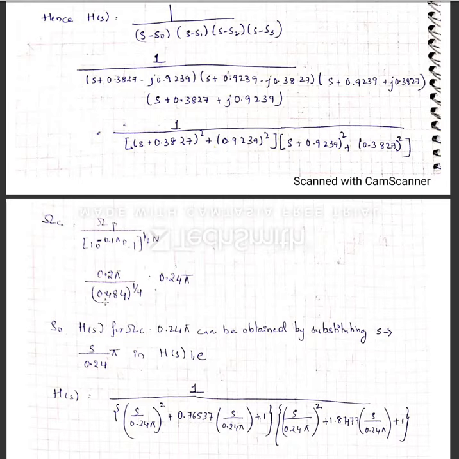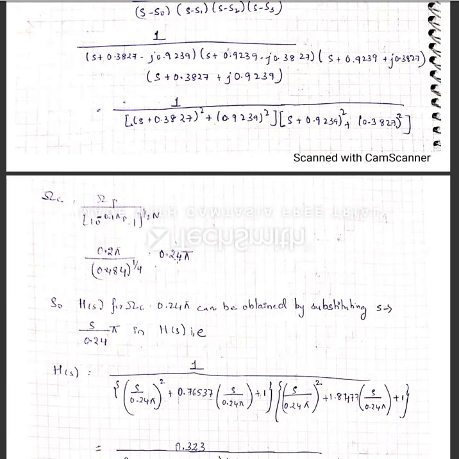I have already taken the square root of it. Don't think that only n is there. What happened to this 1 by 2? I have already solved it for (10 to the power minus 0.1 AP minus 1) whole to the power 1 by 2, and then 1 by n, that is 4. However you calculate, it should be this. So your cutoff frequency is this.